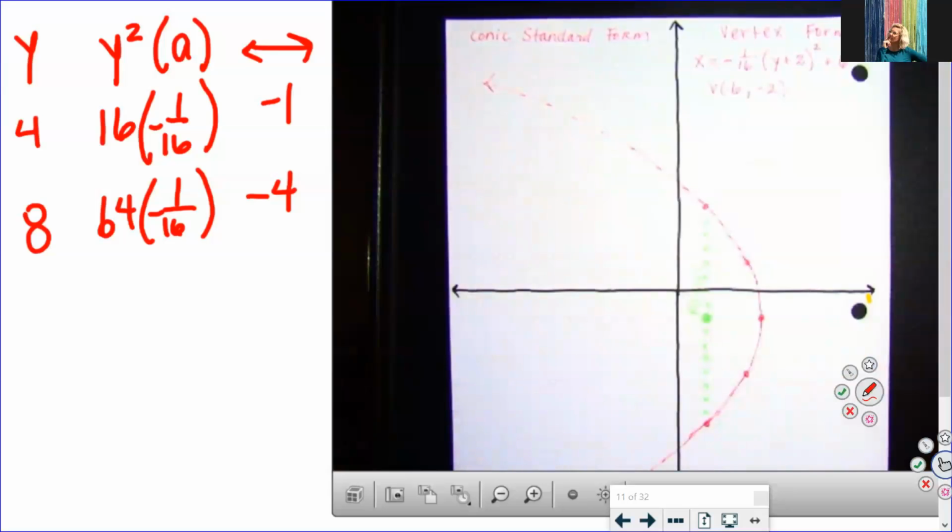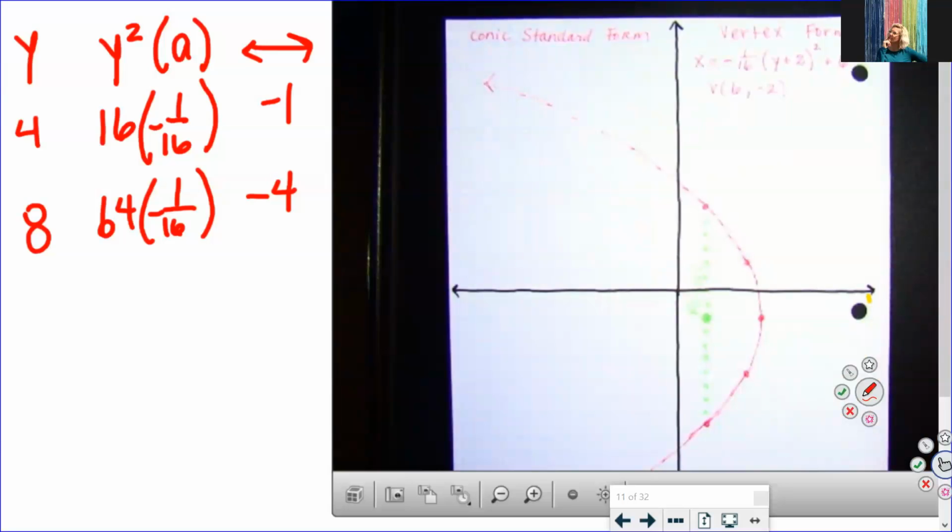Now remember, focal width is 4 times p. Our focal width is what measurement again? What is the measurement that you just counted? 16. So what's the p-value? Yes, it is. That is correct. Mathematically, 4 times 4 is 16.